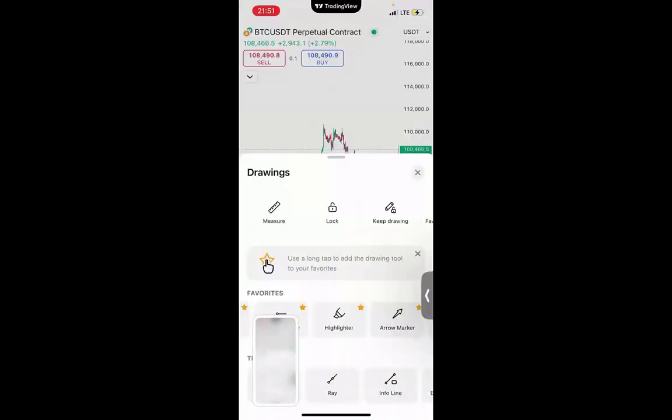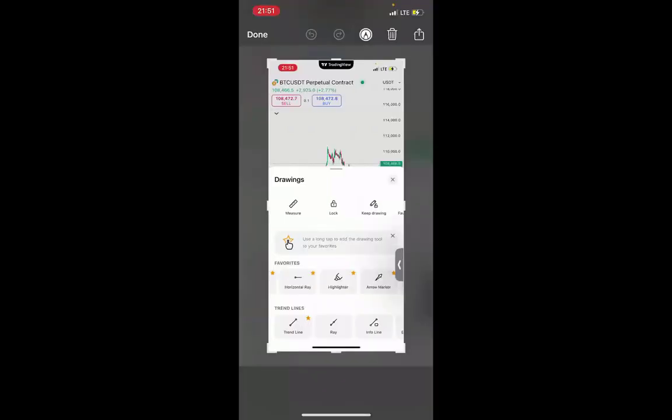I put them in my favorites because those are the tools that I always use. You can also star the tools that you always use, so you can keep them as your favorites and always come back to them and use them easily.